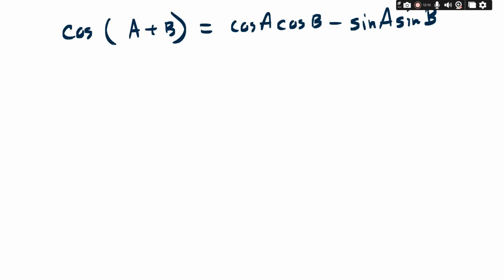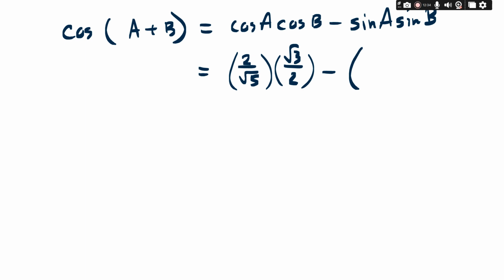So here's my formula, and from the previous slide, cosine of A, that would be angle A, and that would be 2 adjacent over hypotenuse. Cosine of B would be adjacent over hypotenuse, minus opposite side over hypotenuse, and then again opposite side over hypotenuse, but that's for the B angle.